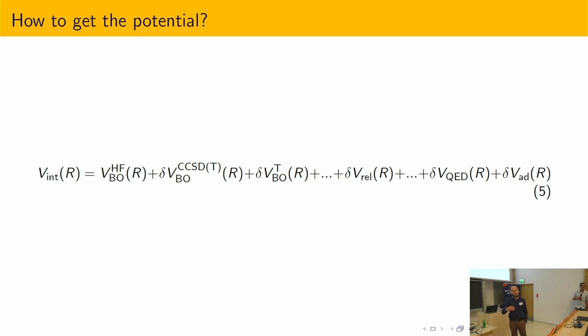And the difference between the calculation in the highest possible basis set and the estimated complete basis set limit gives us the information about the uncertainty of each component. Then we have to propagate this uncertainty through the nuclear Schrödinger equation. And this gives us the uncertainty of the calculations.